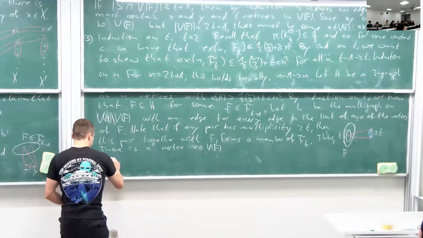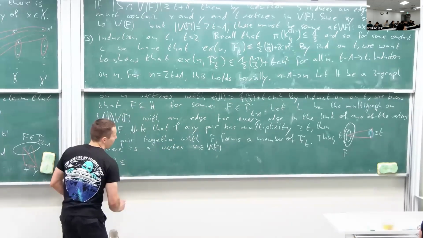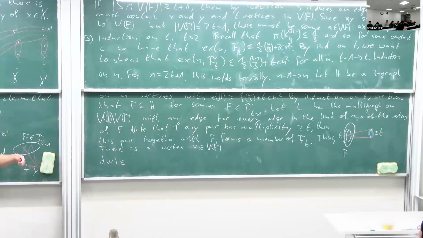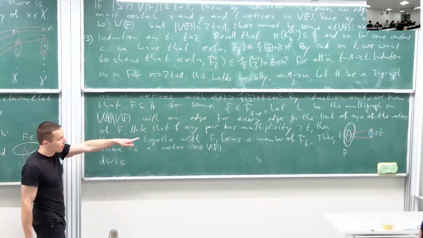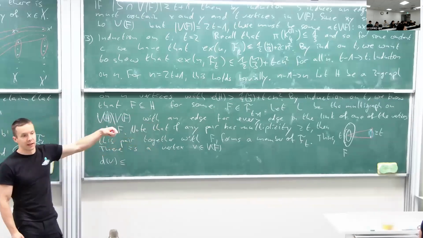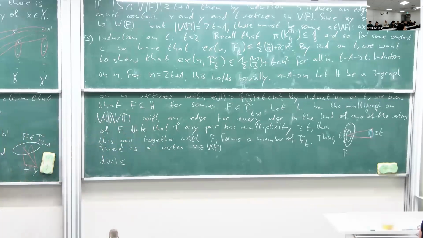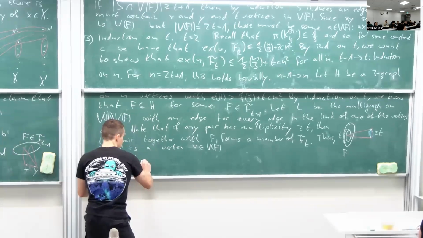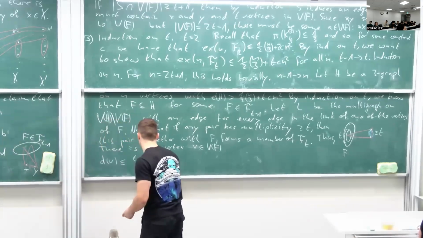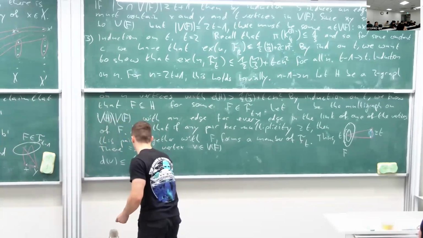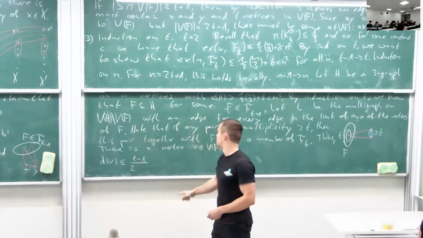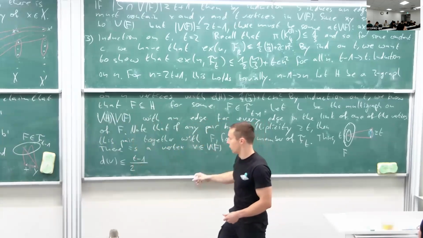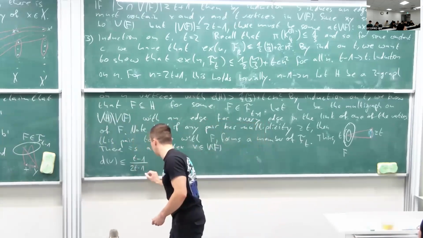So why is that? By averaging, because these multiplicities just meant the link edges. So if each pair has multiplicity at most t minus 1, then we average over our vertices in F, which would be 2t minus 1.